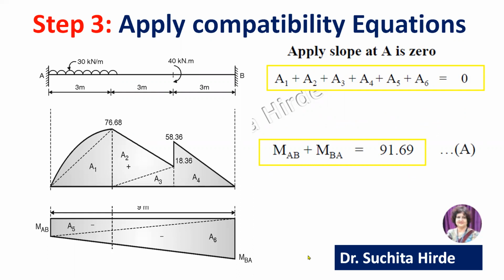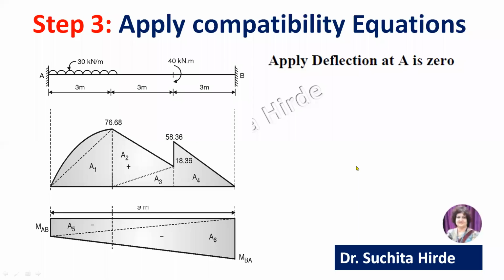Now let us see what is the second condition, second compatibility equation. Since there are two unknowns, we will need two equations. Second compatibility equation is deflection at A is 0. Now how we calculate deflection at A? Using moment area method.